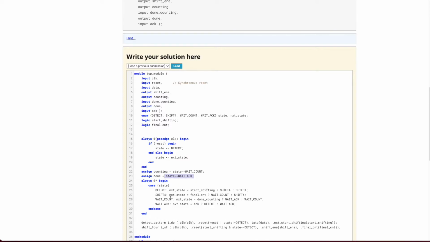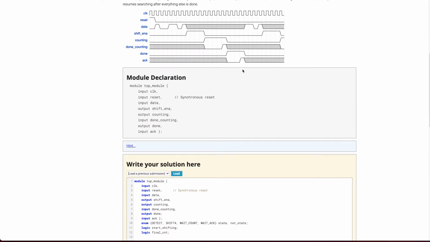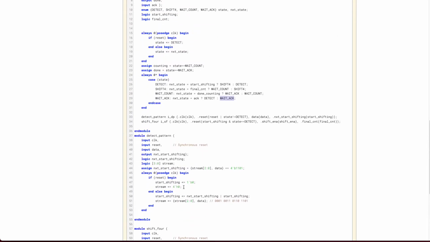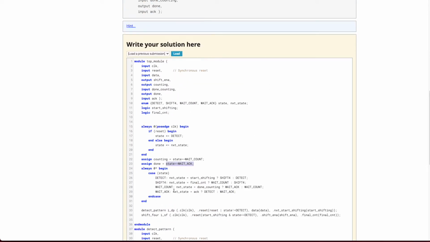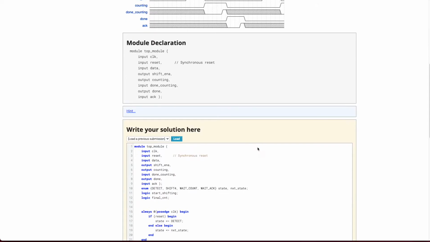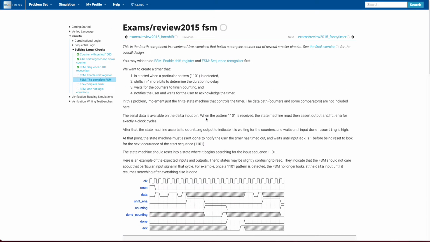So here, and ACK means we'll go back to detect, otherwise just wait for ACK. So more specifically, done is this state, and ACK will next cycle go back to detect. Otherwise we're staying, we'll wait ACK. And then here's an example.